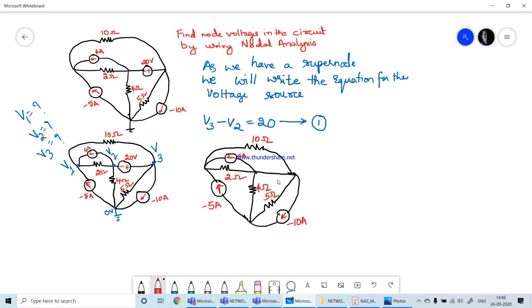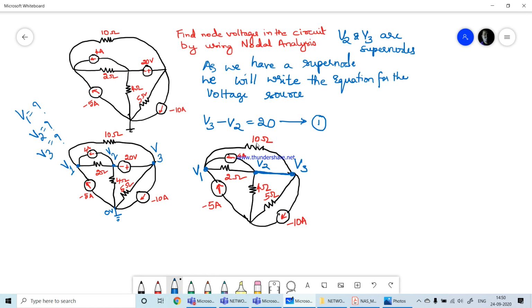In this diagram, see here, V2 and V3 are the super nodes. Therefore, when V2 and V3 are super nodes, I am going to short this particular terminal by removing that voltage source from that particular branch.